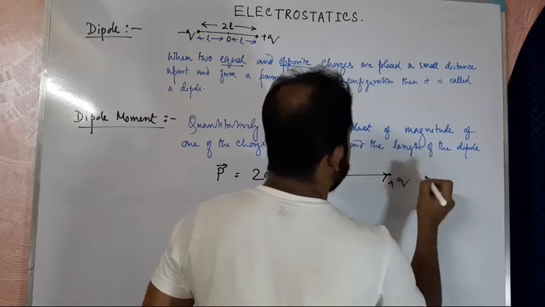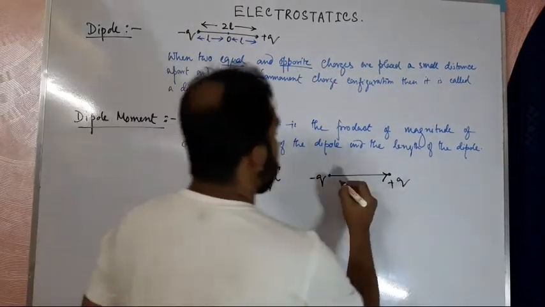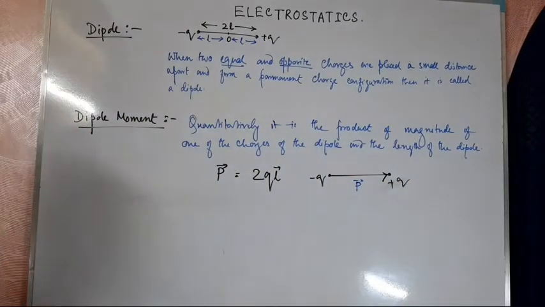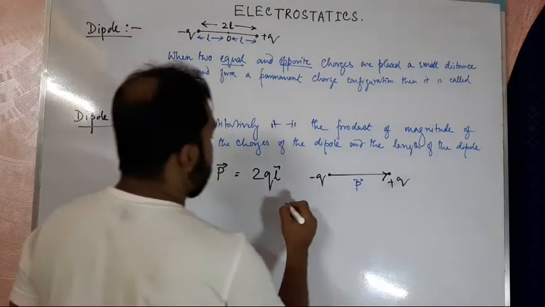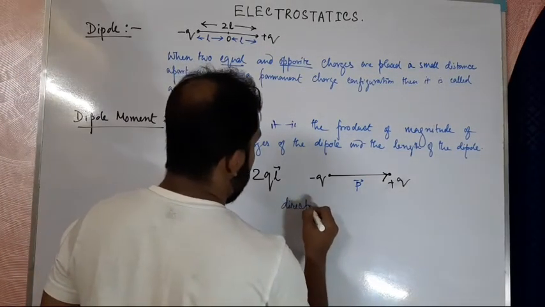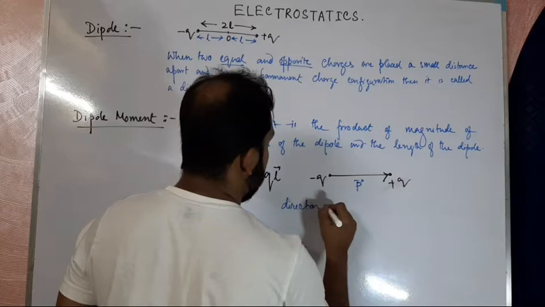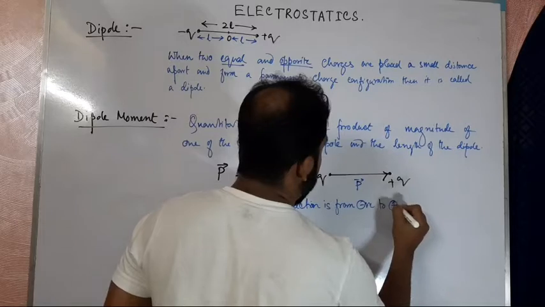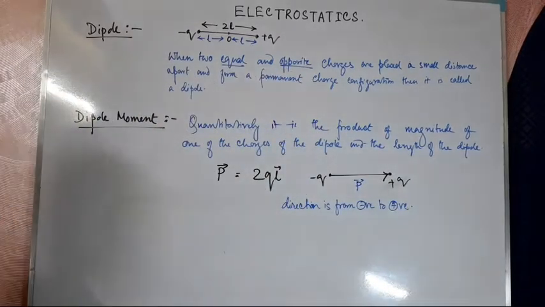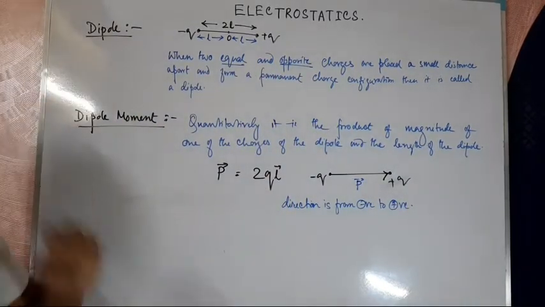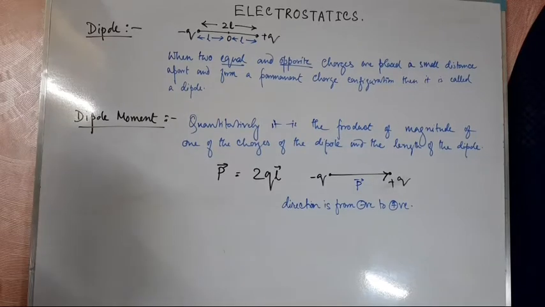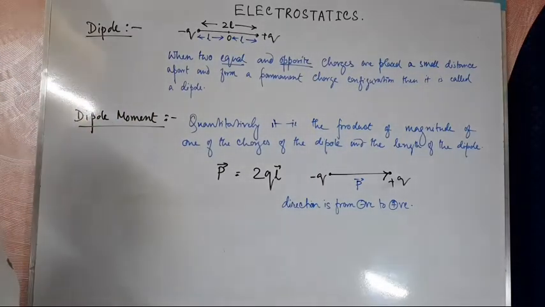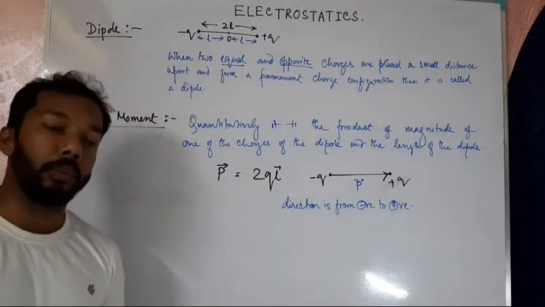So this is the direction of dipole moment, from negative to positive. We will require these things to find the electric field intensity of the dipole.